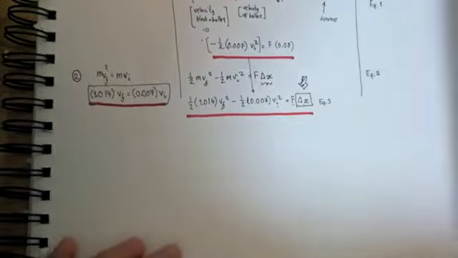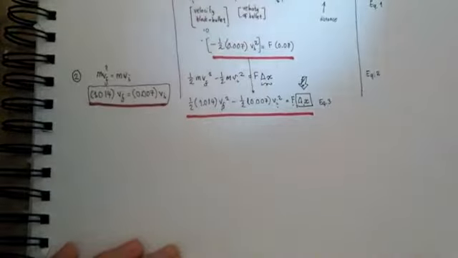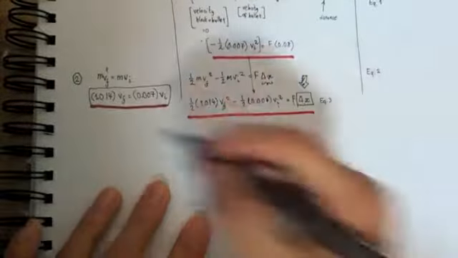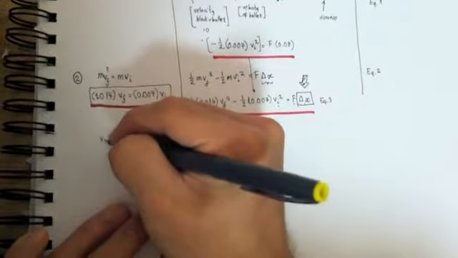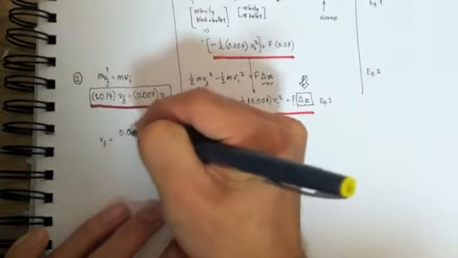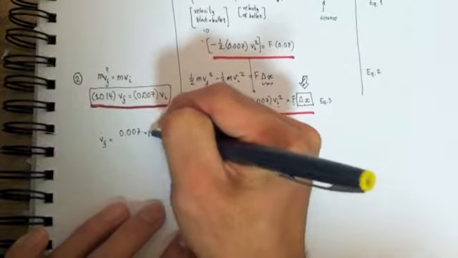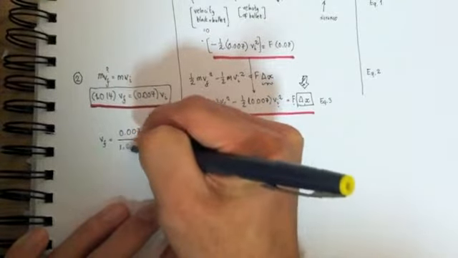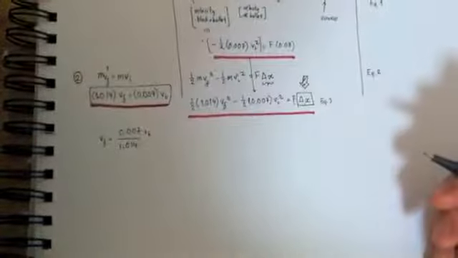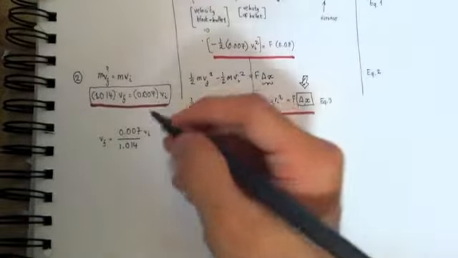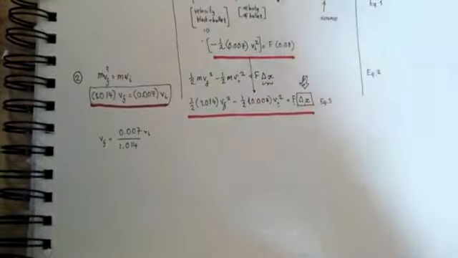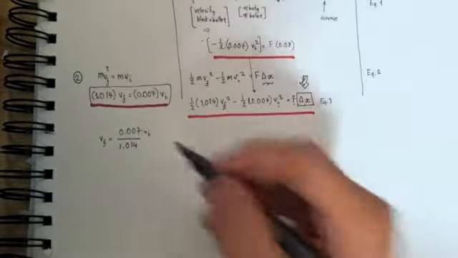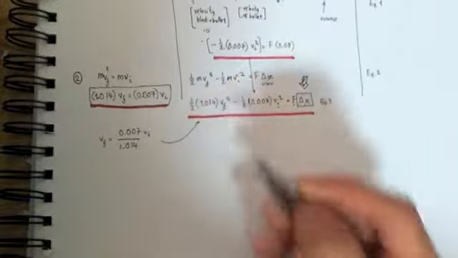Awesome. So let's first solve for VF right here. VF is equal to 0.007 V initial divided by 1.014. Awesome. So this is taken care of. Now, what we're going to do is stuff that into here.